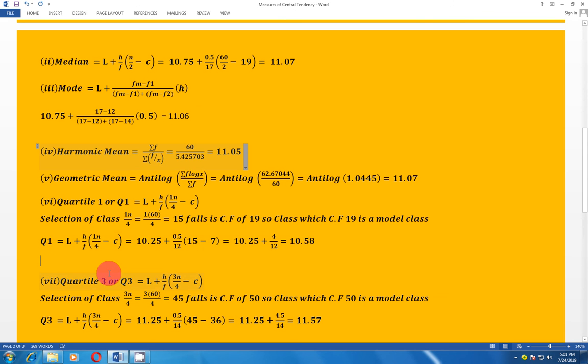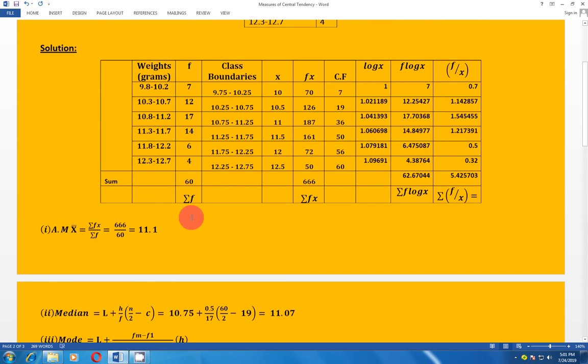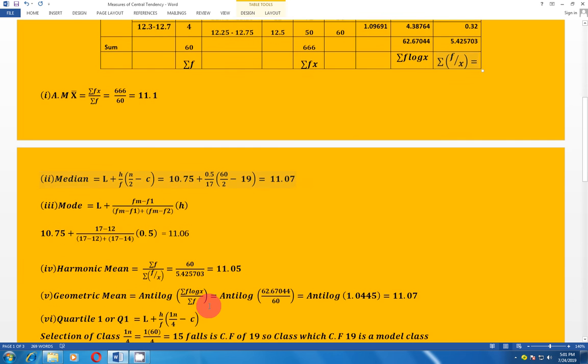here in quartile 1, we will calculate 1n by 4. What is n? n is the sum of f, and that is 60. So 60 divided by 4 is equal to 15. So 15 falls in the cumulative frequency of 19. So that will be the modal class for us in the calculation of quartile 1.